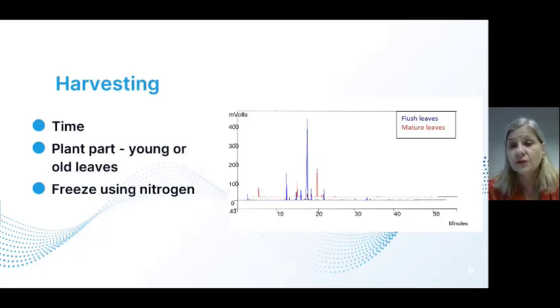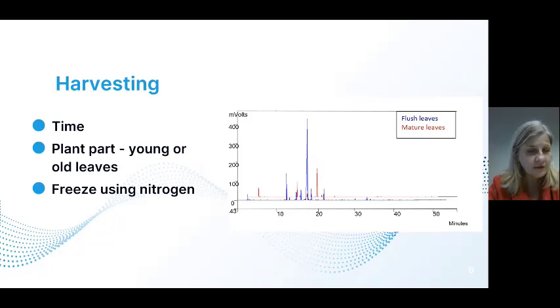While we look at the 2 chromatograms, you can see that mostly we have the same compounds, but we have much higher levels in flush leaves than we have in mature leaves. So keep that in mind. The moment that you have decided on a plant part, you have to specify the developmental stage of that plant part and use that throughout the study.